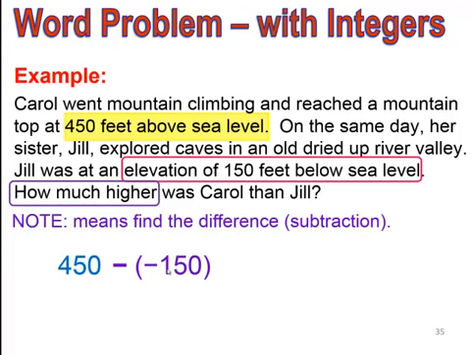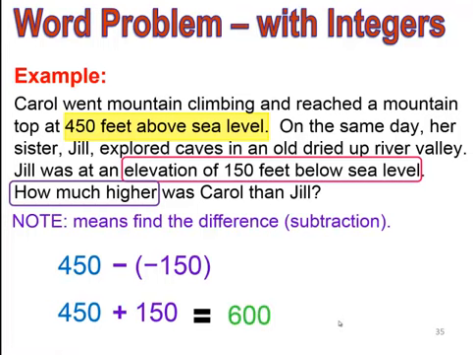When we do this, we're subtracting the two from each other, but because she is below sea level, it's a negative value, and we're subtracting to find their difference. This is where you're going to see a double negative in a word problem. A double negative means I have to add the two together, and then I'm going to find their total difference.